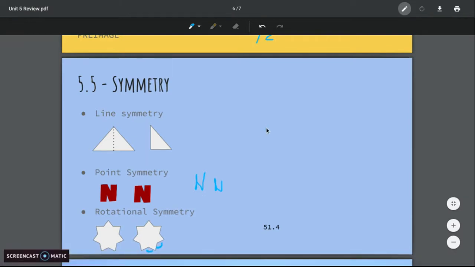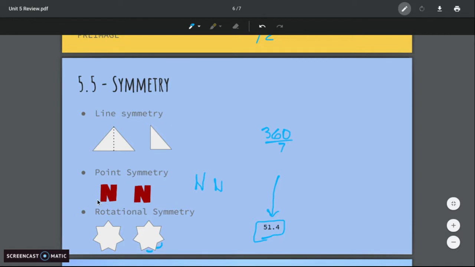Well, you take 360, because that's a full turn, and you divide it by how many sides there are, that's 7, and then that comes out to be about 51.4. So if you turn this figure by 51.4 degrees, then you should get the same figure.